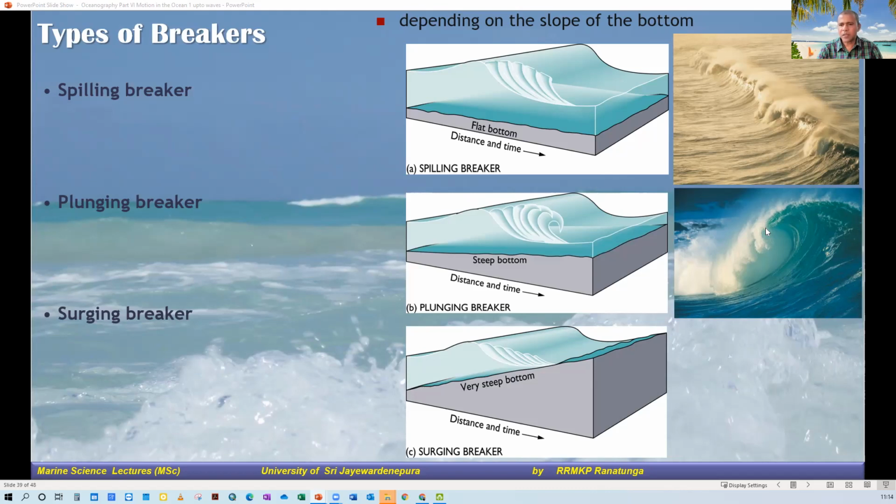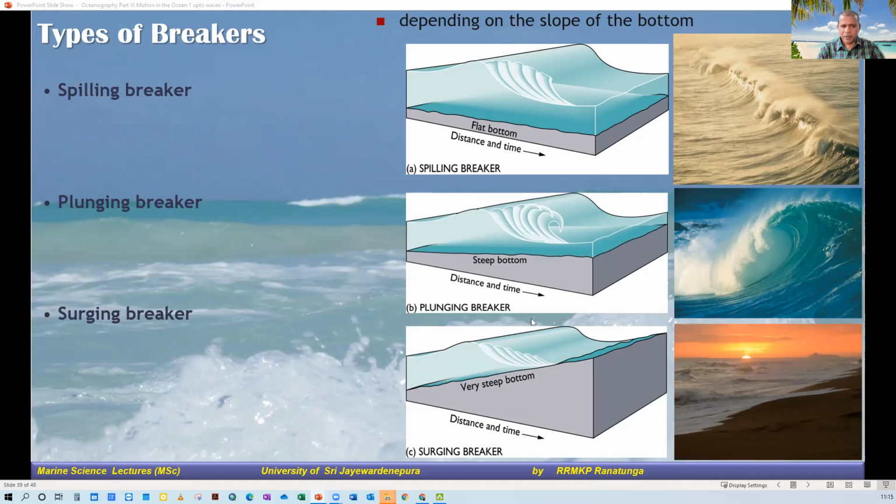You might have seen in some videos, some people surfing in this kind of waves for about 1 minute. It's such huge waves. Even in that condition, they can surf. It's really something adventurous. I don't think any of you would do it, but of course you can.